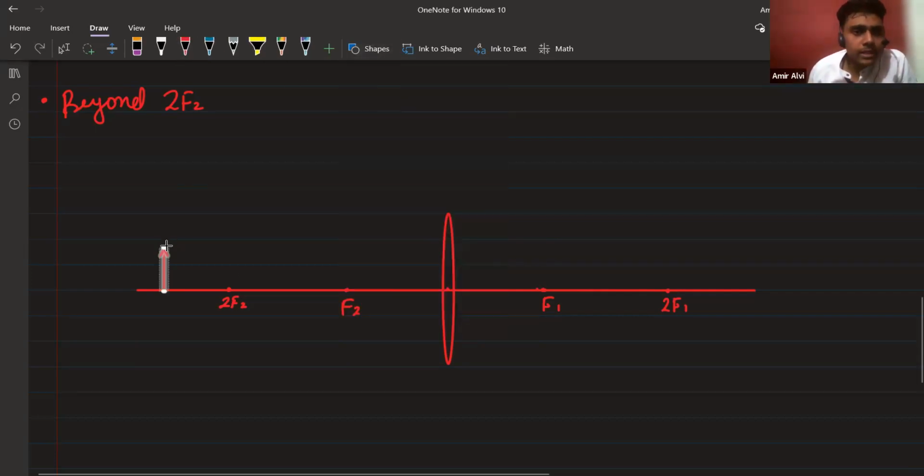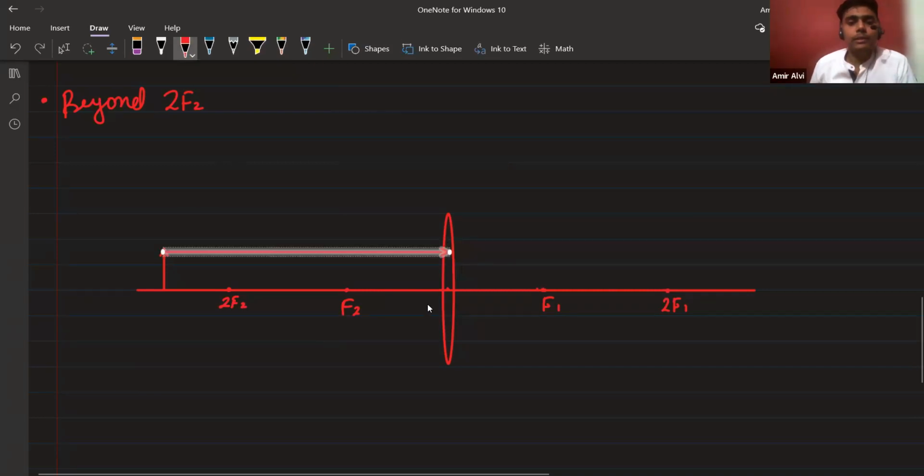So you need two rays to complete the ray diagram. So first ray is parallel to the principal axis. This is the principal axis, and this ray is parallel to it.